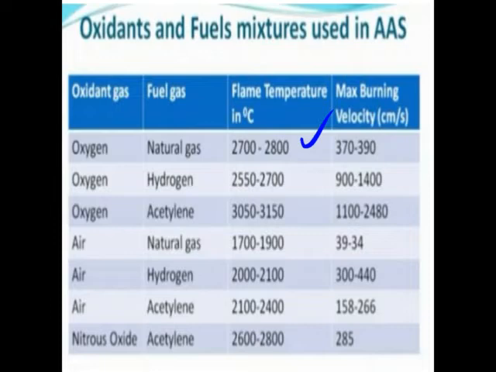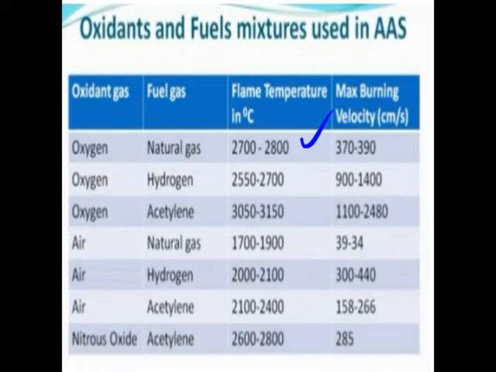If we keep the oxidant gas as oxygen and change the fuel gas to hydrogen, then we get a flame temperature of 2550 to 2700 degrees Celsius. So if we change the fuel from natural gas to hydrogen, the temperature also changes. The temperature decreases, going to 2550 to 2700.